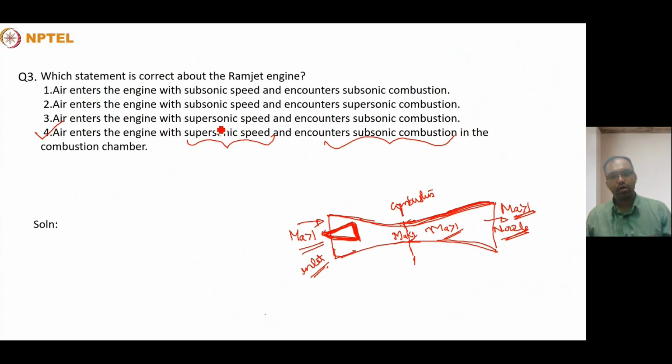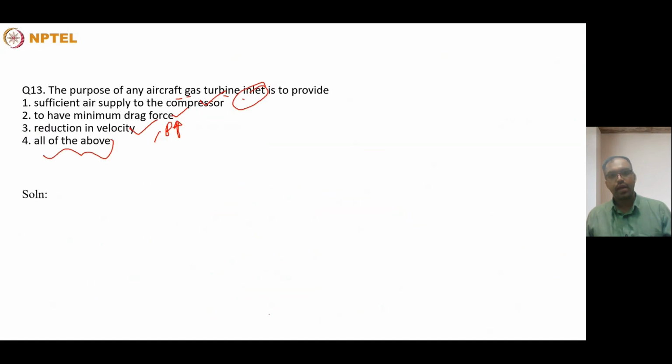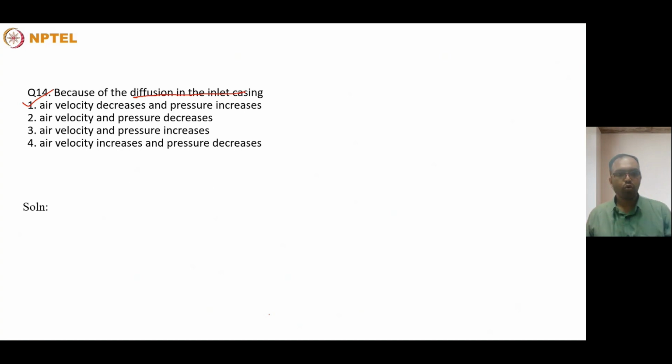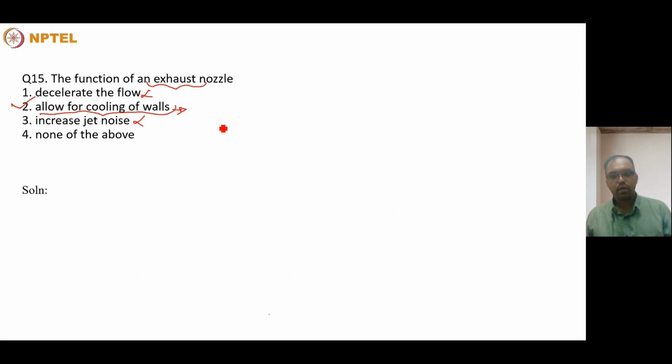And we have seen a few multiple choice questions based on the nozzle diffuser section of the aircraft engines. And that completes the topic for this problem solving session, as well as the end of the lectures.